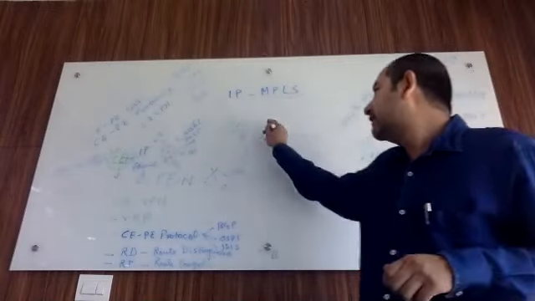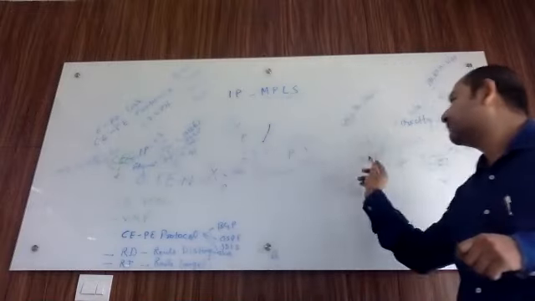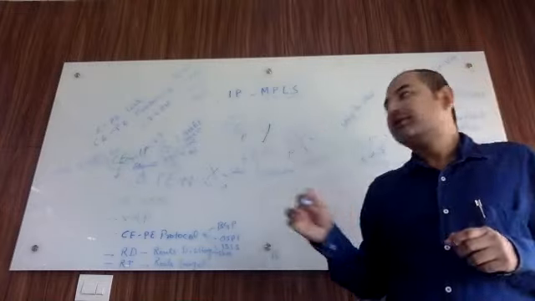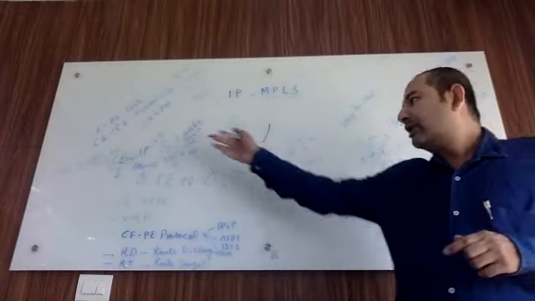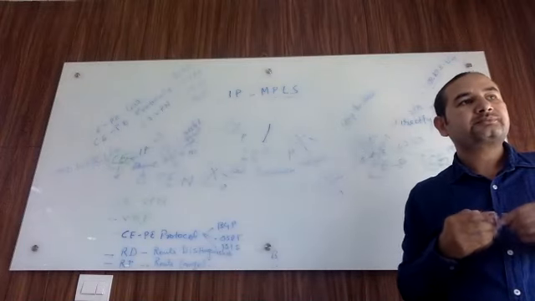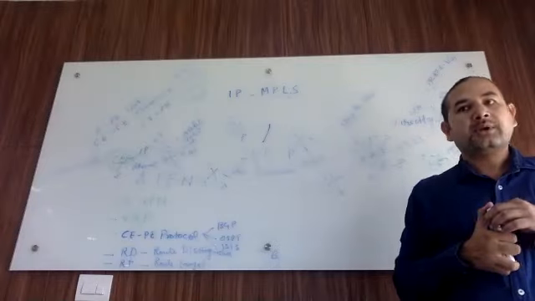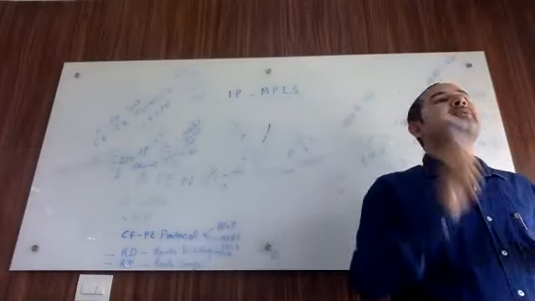If this link fails, then maybe the path will be this, but BGP remains from here to here. Whatever is the path, if there is load balancing or something, all the packets will take a similar path. Now the RD will be the same for all these packets. RDs will be the same for packets for the same customer.